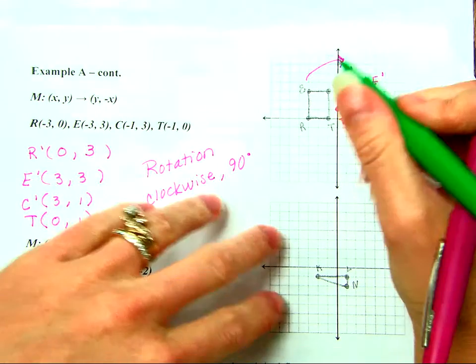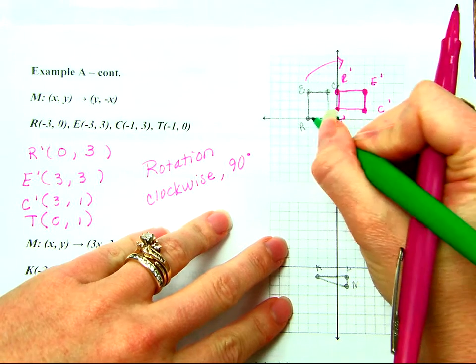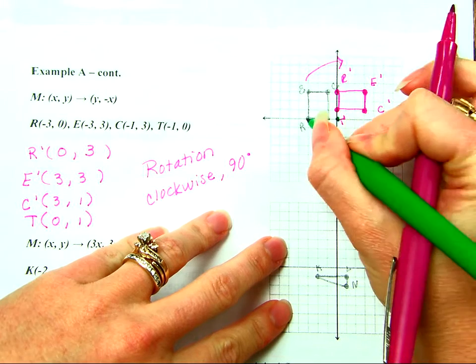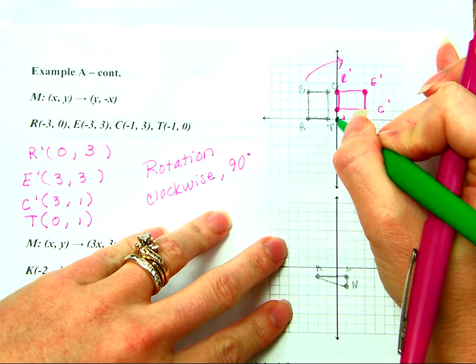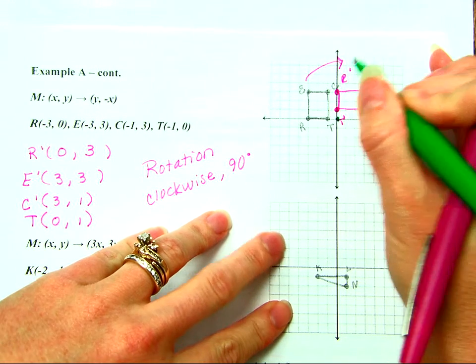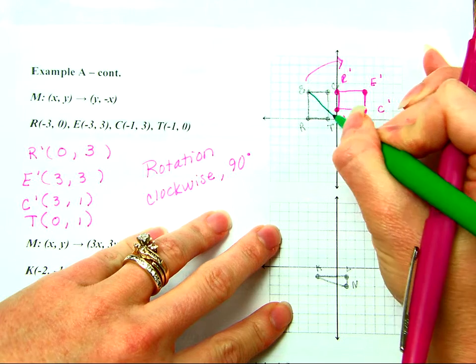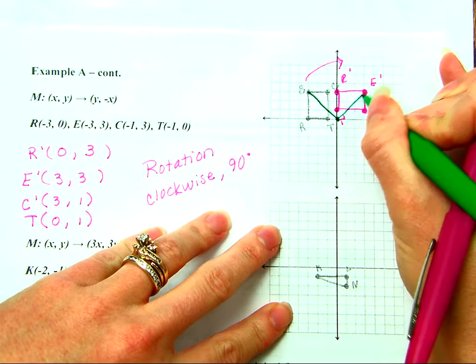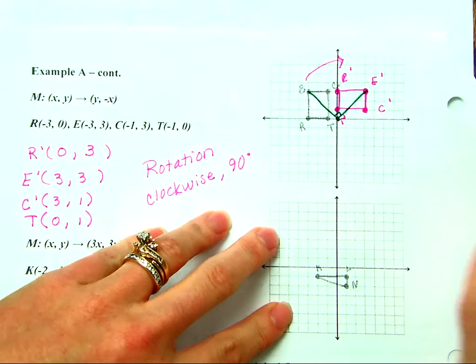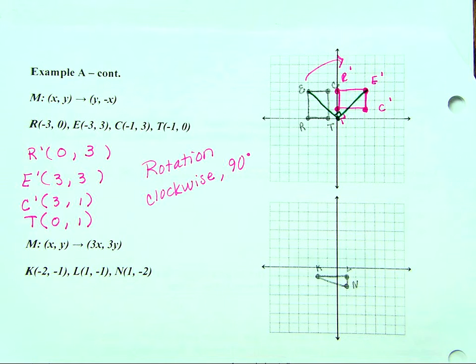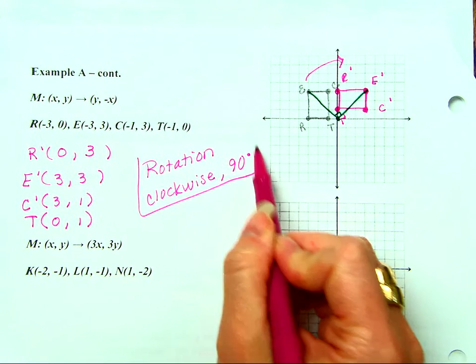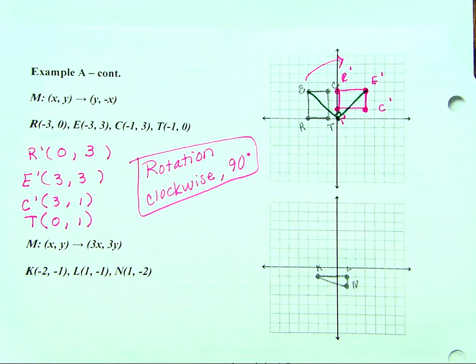Well, if I compare from my point of rotation, like point R to R prime, that is a 90 degree angle. Or, for example, E to E prime, I can see that's a 90 degree angle. And that would be true for each corresponding point. So it is a clockwise rotation of 90 degrees.